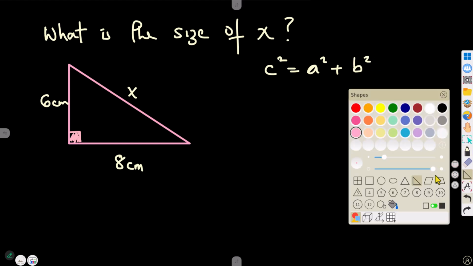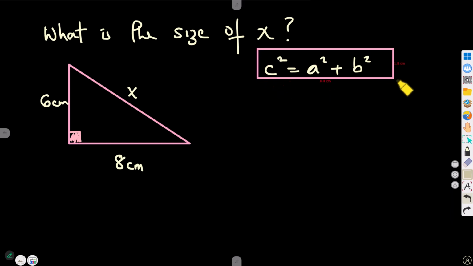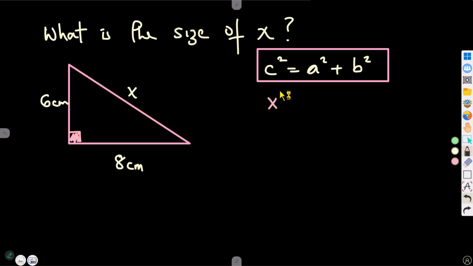Since C is the longer side, x squared equals A squared, and A is 6, plus B squared, which is 8 squared. If you want to simplify that, x squared is equal to 6 squared and 8 squared.